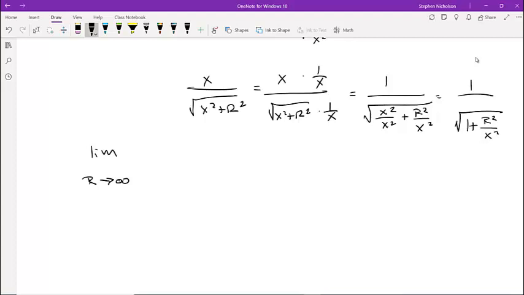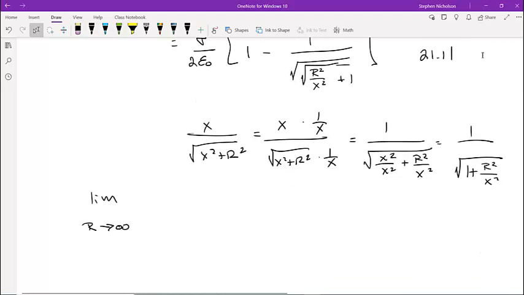And what does that do? It says if the disk is very large, then R is much greater than x. So 1 over the square root of R squared plus x squared is very much less than 1.